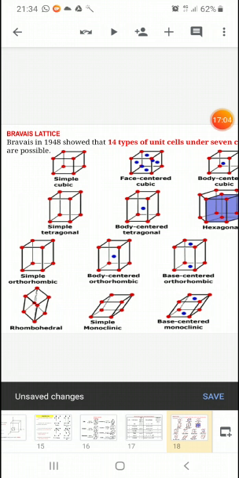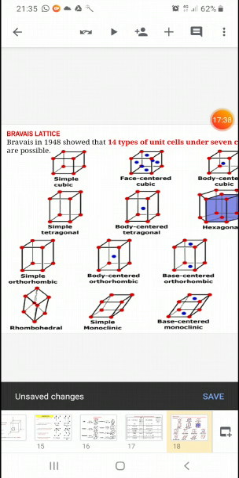The next system is orthorhombic. In orthorhombic system, simple orthorhombic crystal structure is observed where a not equal to b not equal to c. Example is Ga. Second crystal structure in this system is body centered orthorhombic where alpha equals beta equals gamma equals 90 degree, and Fe3C is the example.